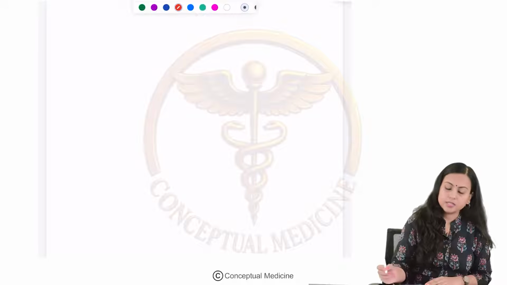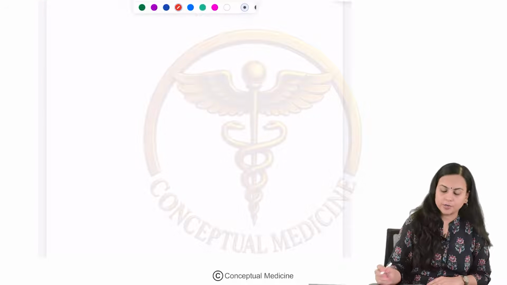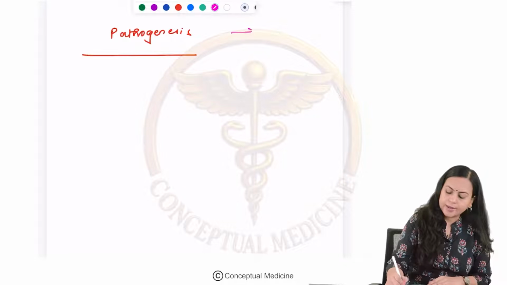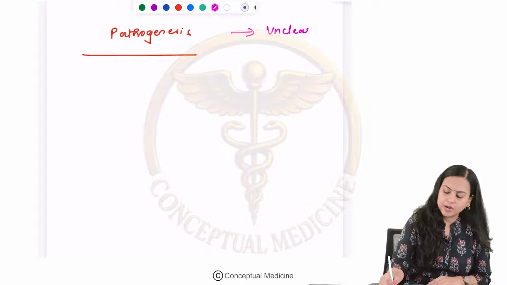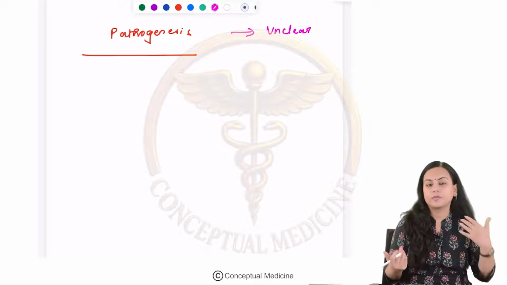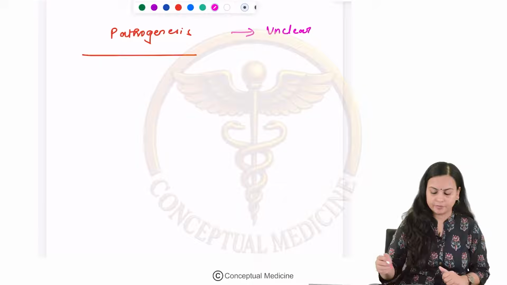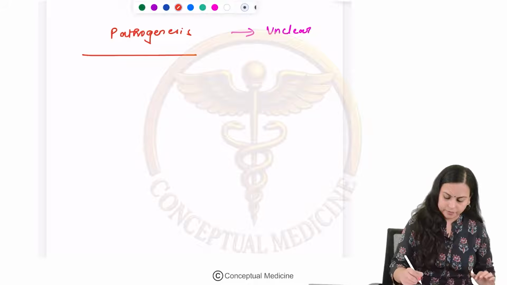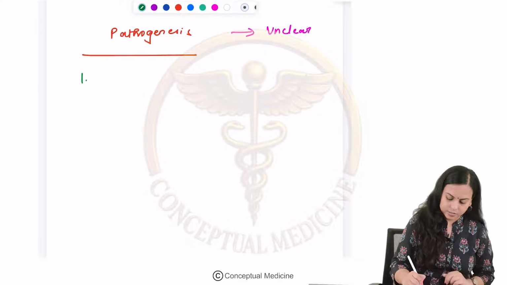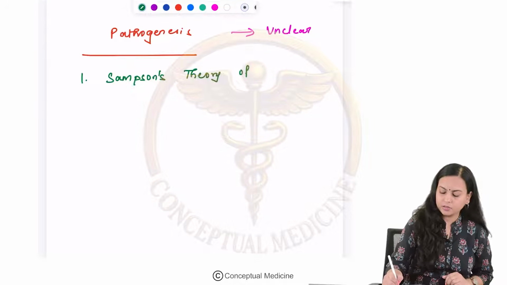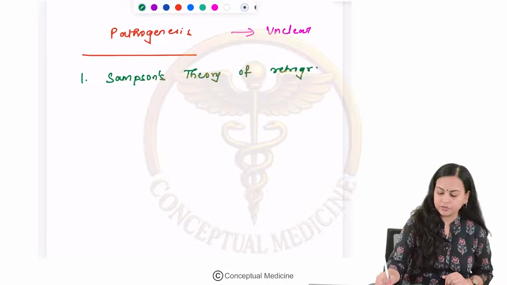Now, let's discuss the pathogenesis of endometriosis. Actually, this is unclear, but there are so many theories given to describe how endometriosis happens. Okay. So, first theory is Sampson's theory of retrograde menstruation.